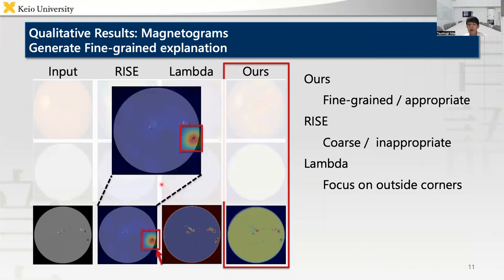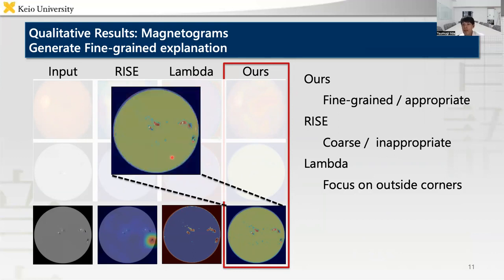For example, Rise attended the circumference, which included the outer part of the sun. And lambda included sunspots, but mainly attended the background. By contrast, this image shows that LABN appropriately attends the active sunspots, which are important for solar flare prediction.